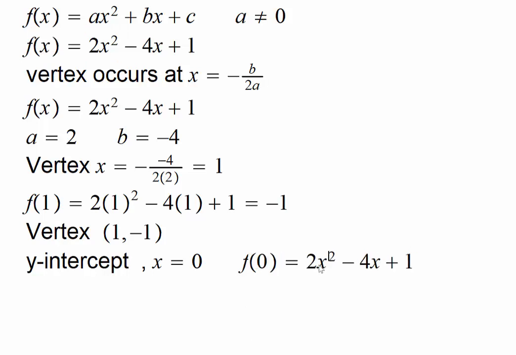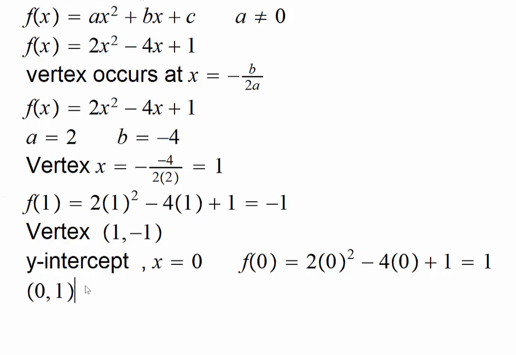Here, 0 squared will be 0, and the middle term is again x is 0, so let's just leave it like this. And then you have 1 here. So the y-intercept is (0, 1).